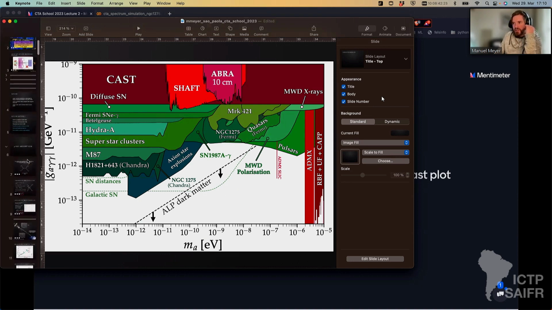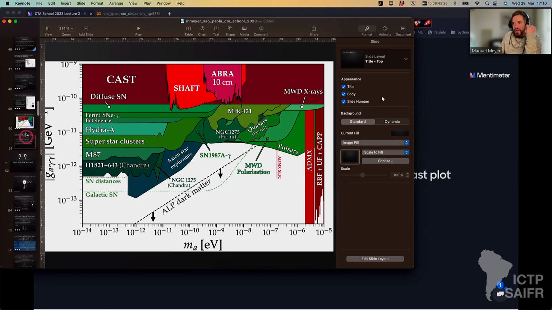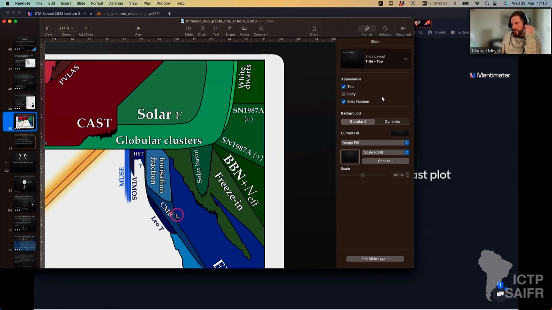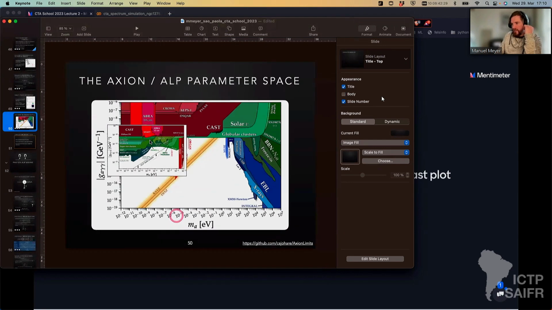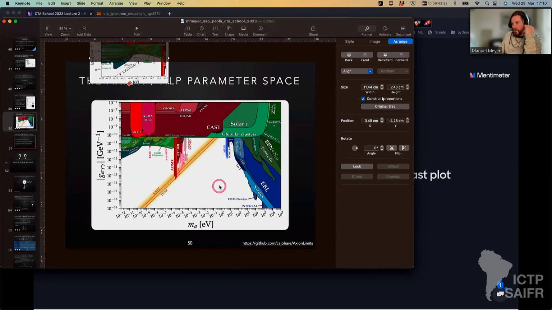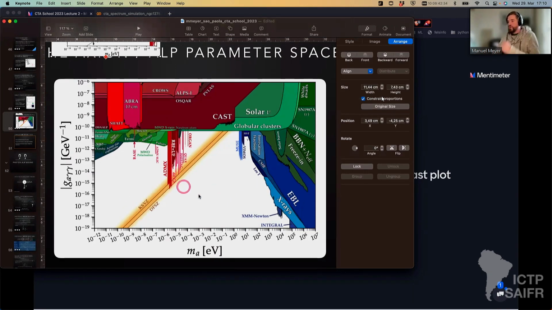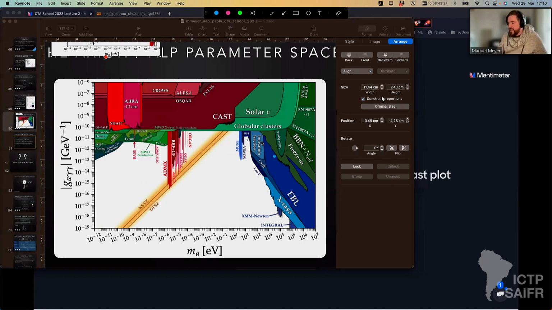Let's go back to the overview plot, okay? So essentially, let's move this out of the way. Maybe annotate this. All these blue shaded regions come from the fact that axions would decay, okay?